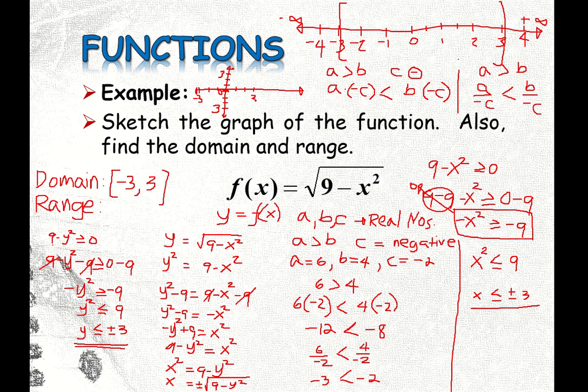So take note that our function f of x, square root of 9 minus x squared, is a semicircle. So to determine if that's really a semicircle, we can assume values for x and solve for y or f of x, and then after that you plot the points. Okay, so let's have this table here.